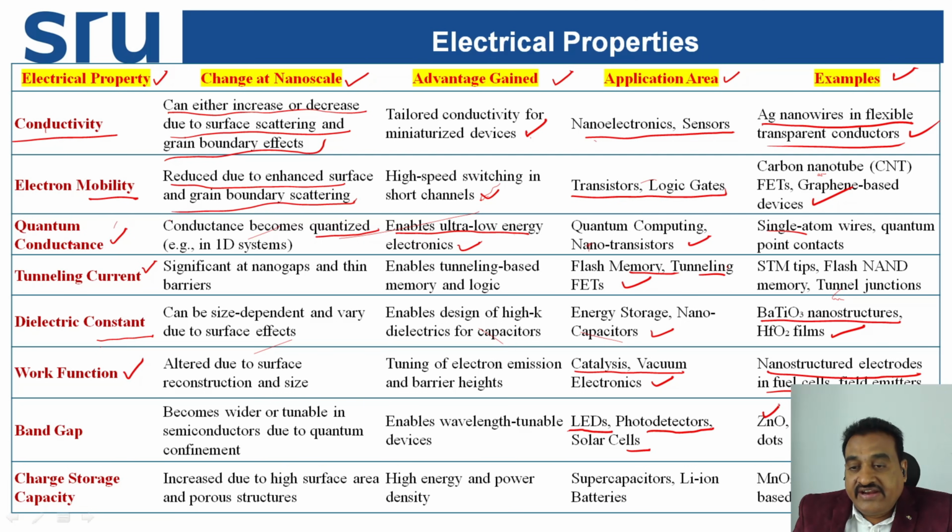ZnO, CdSe, PbS quantum dots are examples. Charge storage capacity: you see here, these are used in supercapacitors and lithium ion batteries. Examples are MnO2 nanosheets and RGO based hybrid electrodes.